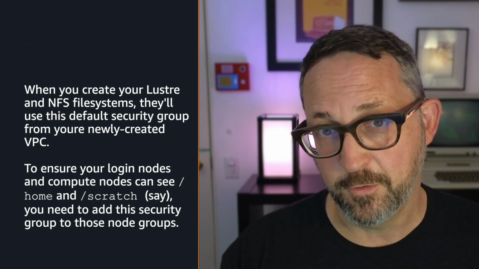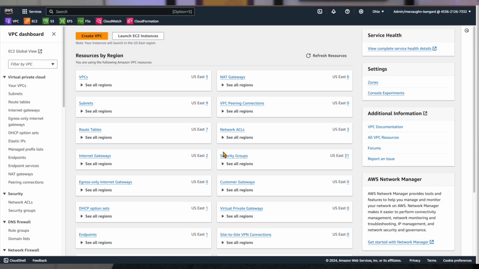So we're going to show you how to do this in the VPC console. Go to the VPC console, and you should be in the VPC dashboard. Under the VPC dashboard, select Filter by VPC, and find the VPC that you just created using CloudFormation. It will be called HPC Networking, Large Scale HPC.